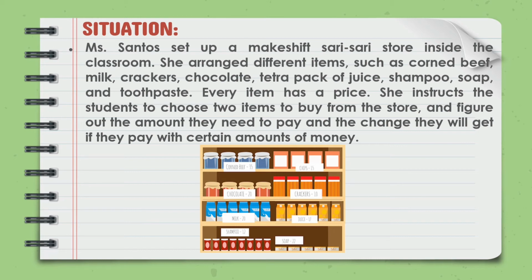She arranged different items such as corned beef, milk, crackers, chocolate, tetra pack of juice, shampoo, soap, and toothpaste. Every item has a price. She instructs the students to choose 2 items to buy from the store and figure out the amount they need to pay and the change they will get if they pay with certain amounts of money.